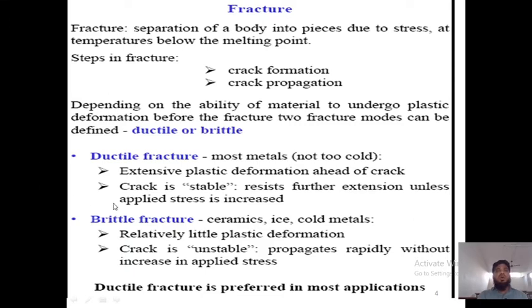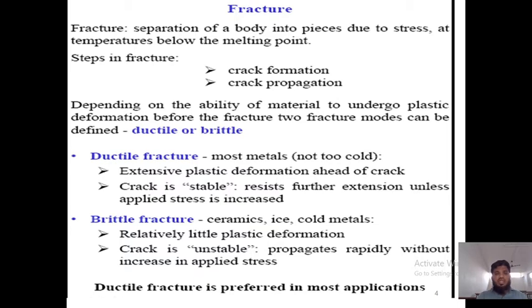It will have its own dislocation density, because of which its hardness will be improved. Because of its hardness, the cracks will not easily be initiated to propagate from one position to another. Whereas in brittle materials like ceramics, ice, and cold metals, there is relatively little plastic deformation, a small amount, and the crack is unstable.